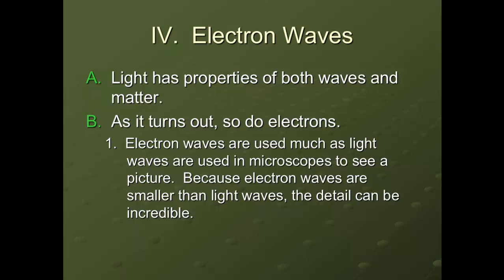So just as we take light and shine it on something and we see the object, we can take electrons and shine them on things and read what we see and get pictures. And the detail can just be incredible because electron waves will give a lot more detail than you would get from visible light.